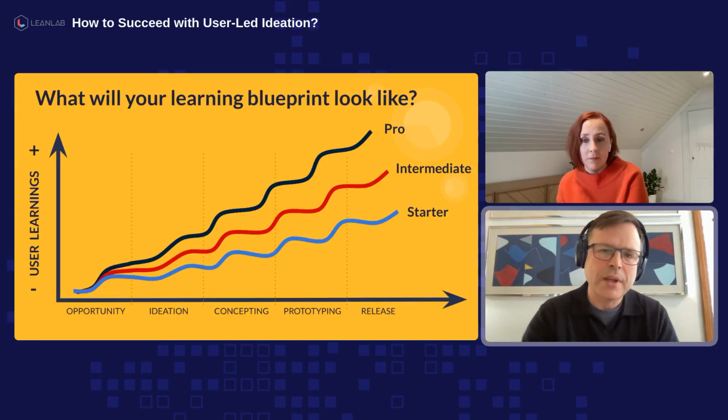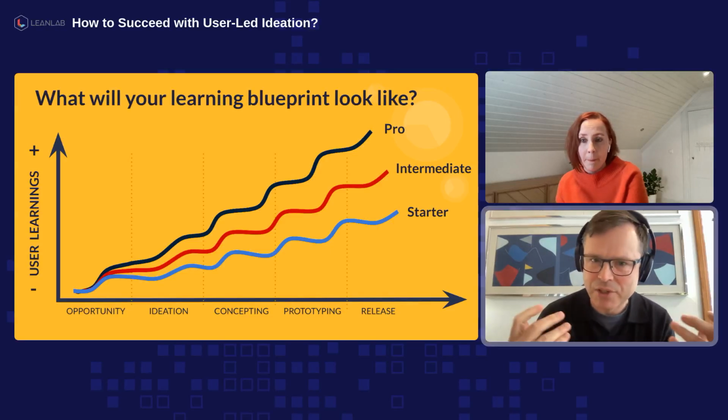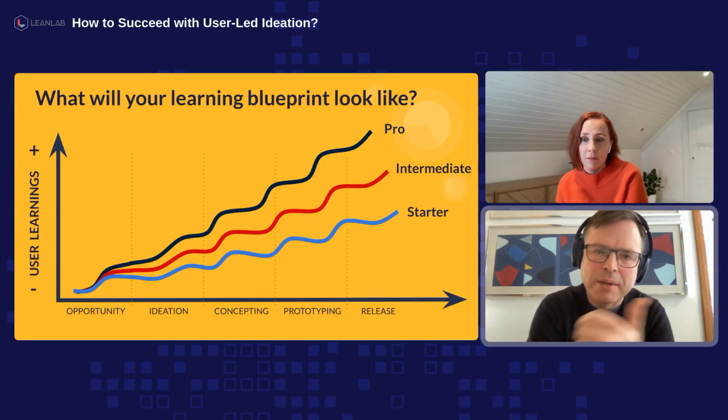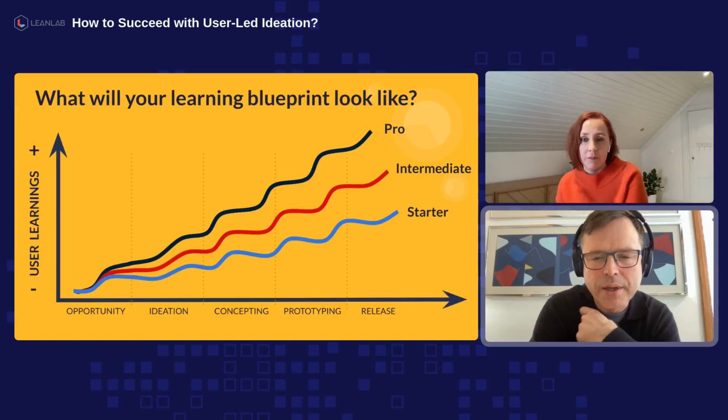You can bring more users into that early stage process and start building your competitive advantage by simply having more ideas available to you and more consumer-led or user-led ideas. So that would be, for a company at the intermediate level, to start thinking about how you can improve along this product development journey.